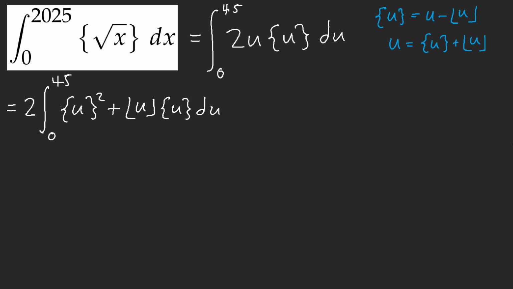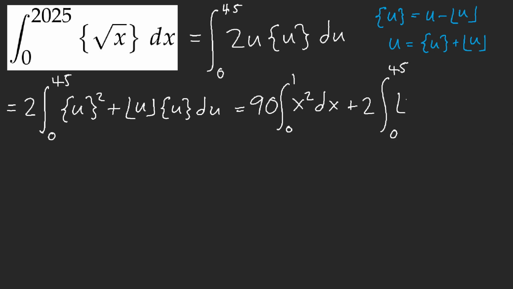Okay, this is awesome. Here we just use the periodic rule. This is the integral from 0 to 1 of x squared. All right, cool. But what do we do here? Think about it.